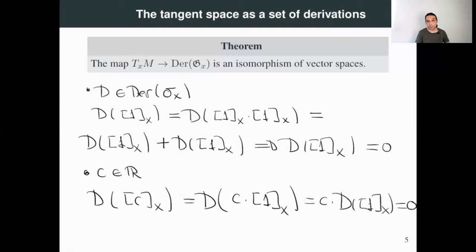So any derivation applied to a constant function is always equal to 0. Okay.